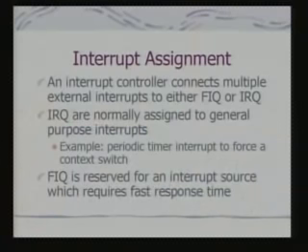So, FIQ is always reserved for an interrupt source which requires fast response time, because it has minimum interrupt latency. And in fact, for an application in an embedded system, the environment and the external signal property decide how much latency you can actually allow.